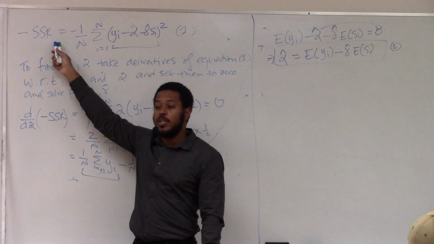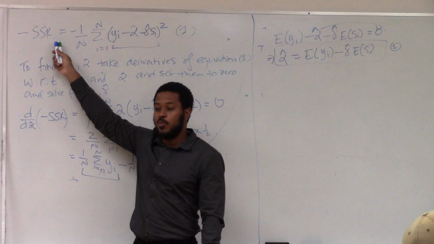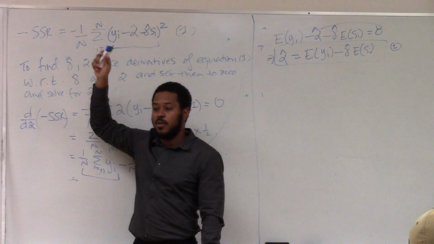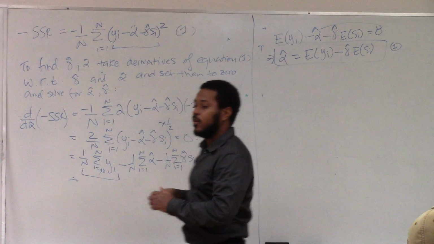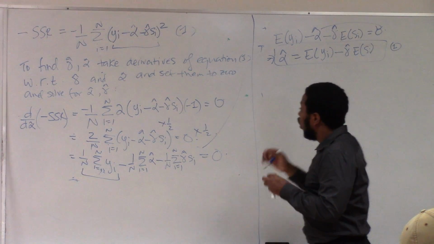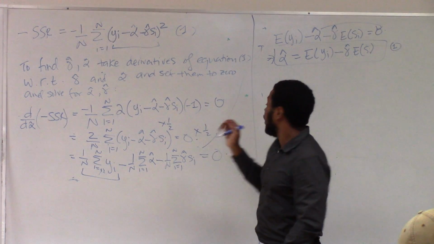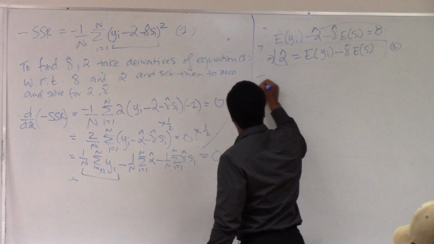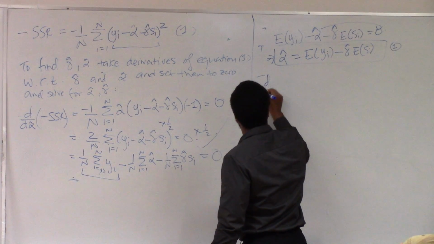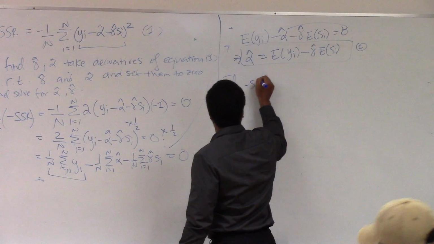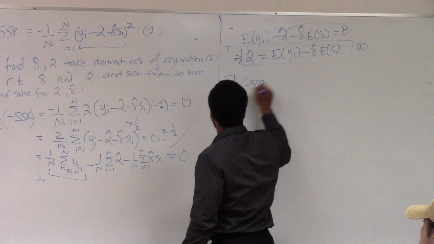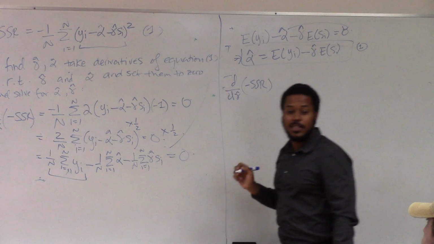And so what do we need to do to SSR to figure out the relationship with gamma? We have one more derivative to take. So we need to take the derivative of minus SSR with respect to gamma, right? And set this equal to 0.